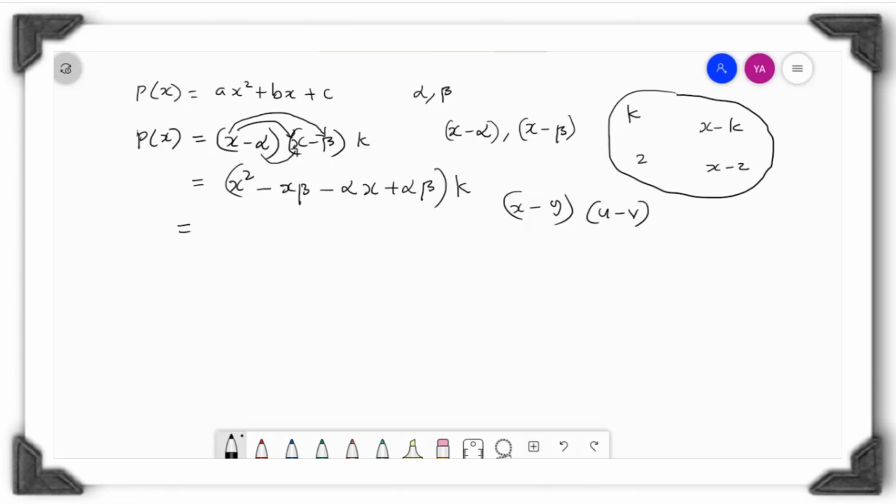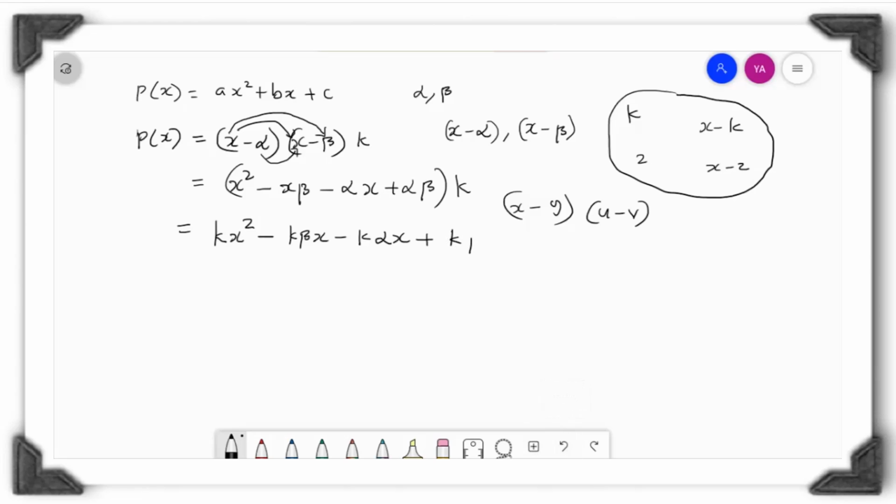In the next step, you can multiply k inside the bracket. So k into x square, kx square, and minus x beta into k. So I shall write x beta as beta x, so minus k beta x, then minus alpha x into k, so minus k alpha x, then plus alpha beta into k, so k alpha beta.